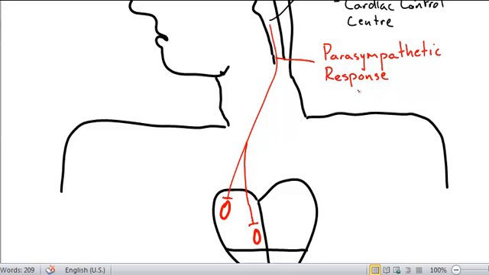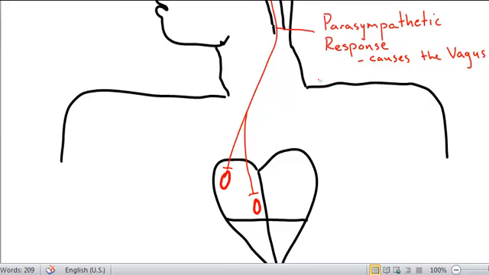And what happens is it causes the vagus nerve, not the city Vegas, VAGUS, the vagus nerve, to release what neurotransmitter? If you said acetylcholine esterase, you are correct.